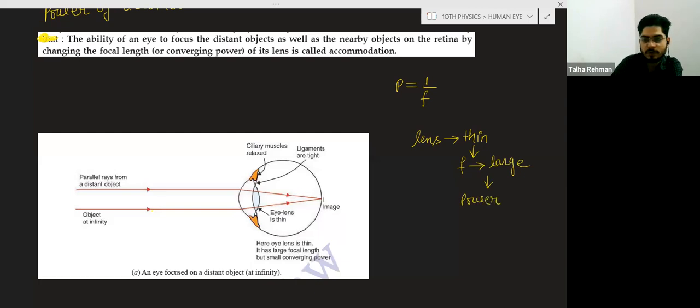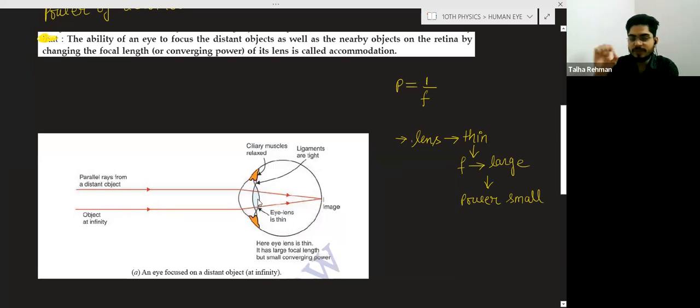Power is small. So basically, when the object is far, the eye lens will be thin in that case, and the focal length in that case will be large, so the converging power of this lens will be small.